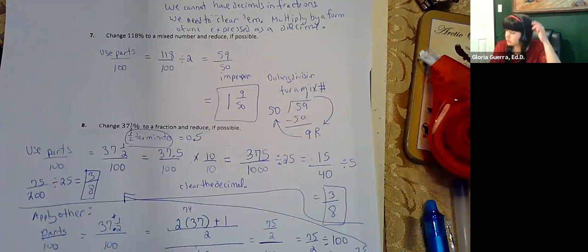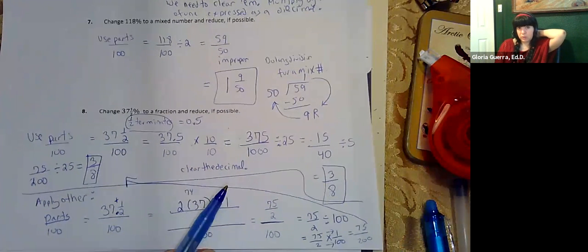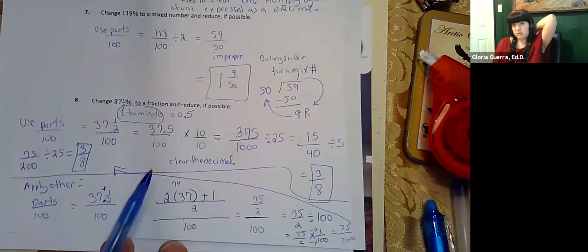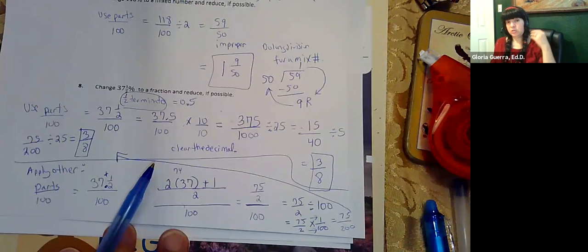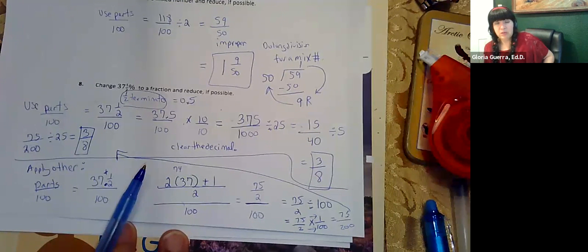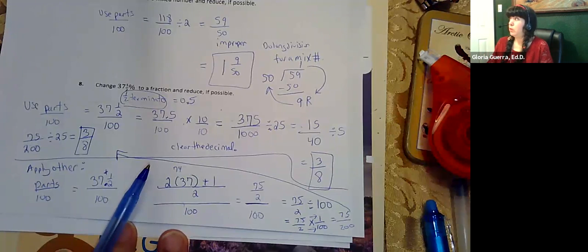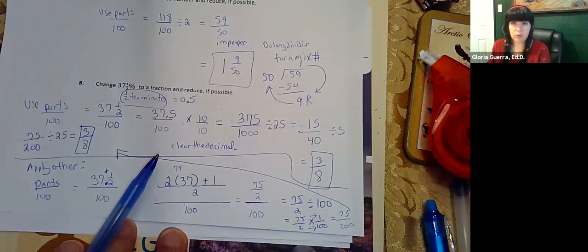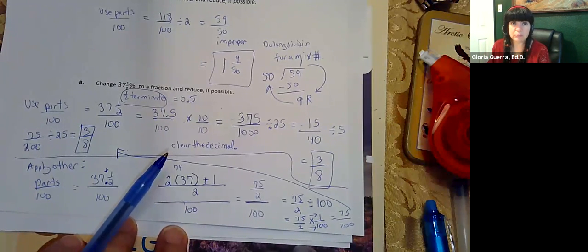So again, the purpose of me doing this mixed number and changing it is in case it doesn't terminate. 1/2 terminates to 0.5, but what if it were like 37 and 1/3? Then the 1/3 doesn't actually terminate. So instead of trying to make it a decimal, you can't make it 0.33, right? You could estimate it on your own, but it's a 1/3 repeating decimal.